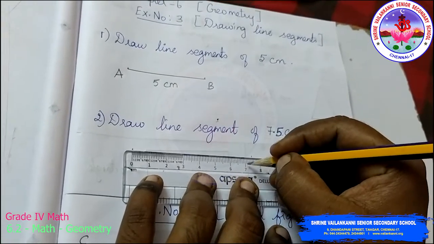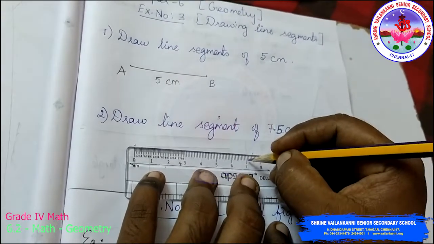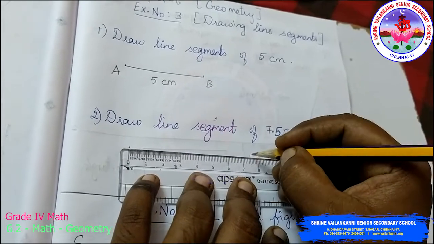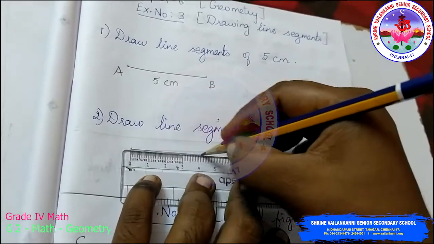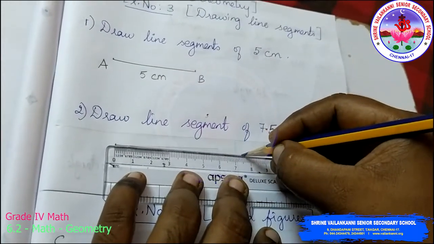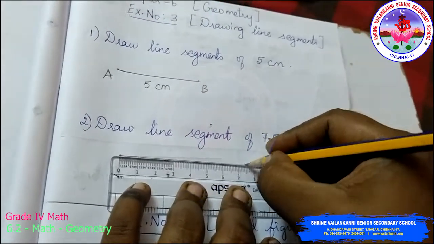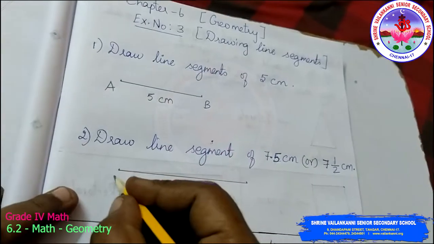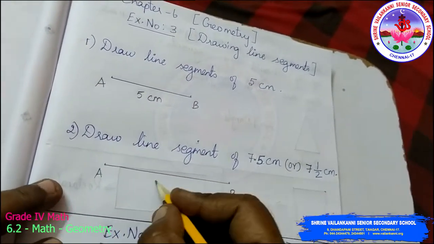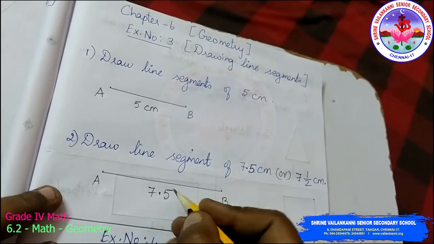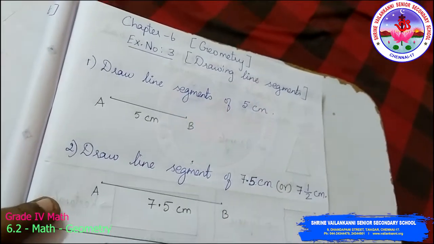After 7 the small line starts, that is 7.1. So from 0 start drawing the line segment and stop at 7.5. Remove your scale, give a name for your starting point and ending point and write 7.5 centimeter.